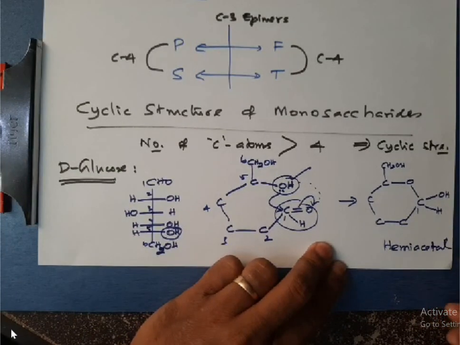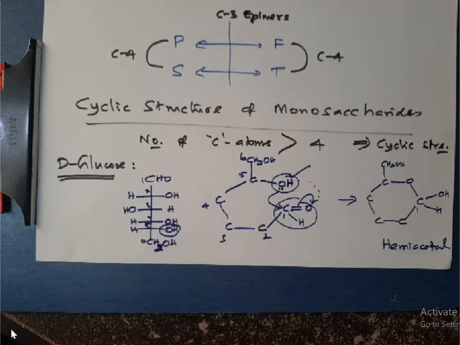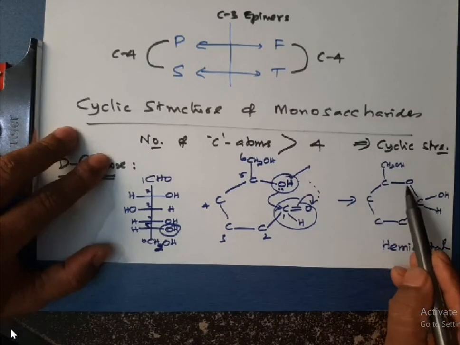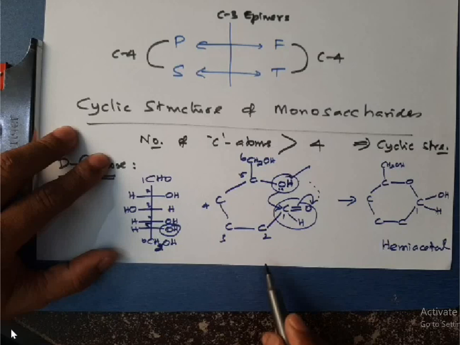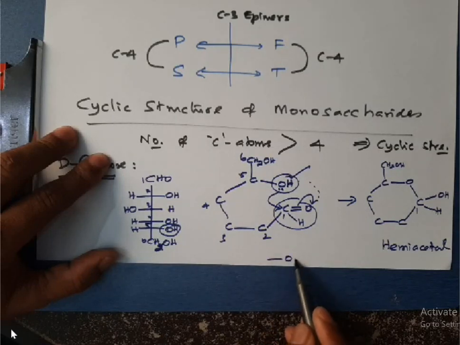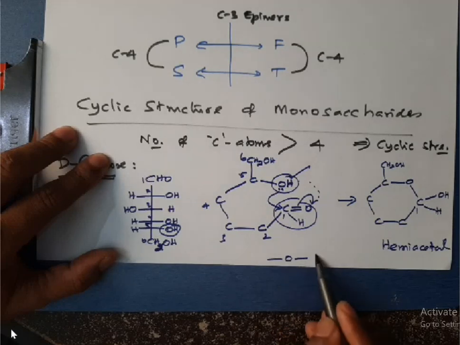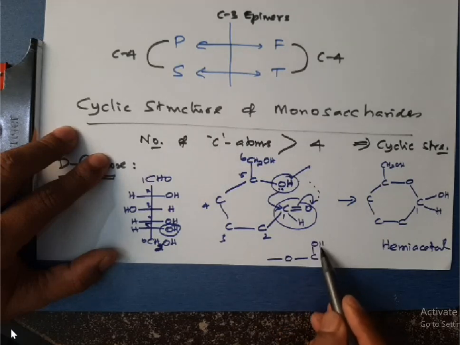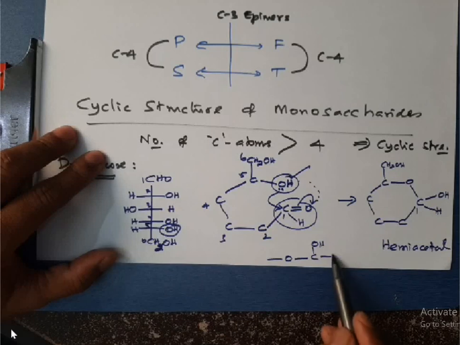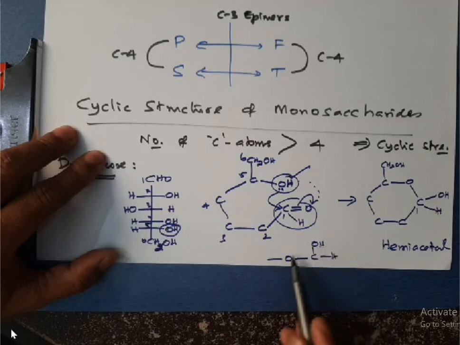So this compound is called hemiacetal. When alcohol reacts with aldehyde, you will get a structure like this. Let me just show it like this. You will get RO, this is from alcohol, and this is from aldehyde. You will get a structure like this. This structure is what we call hemiacetal.